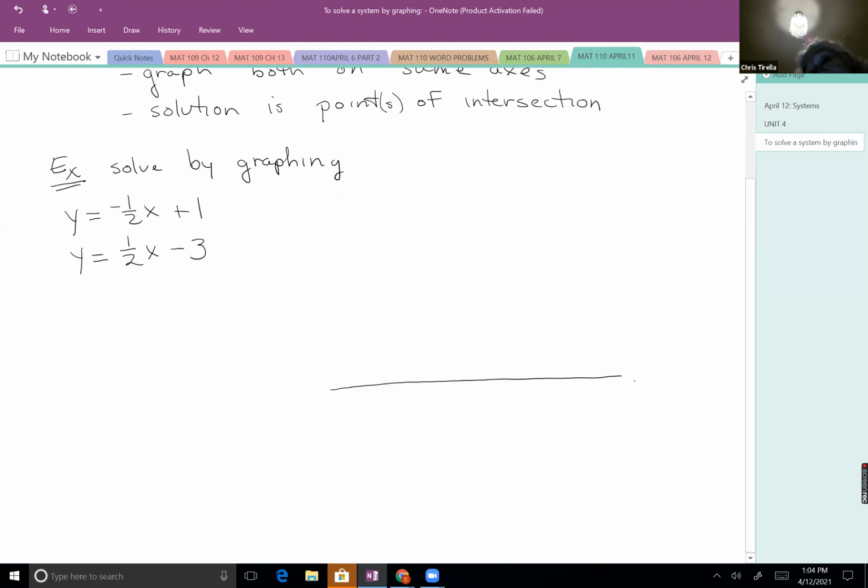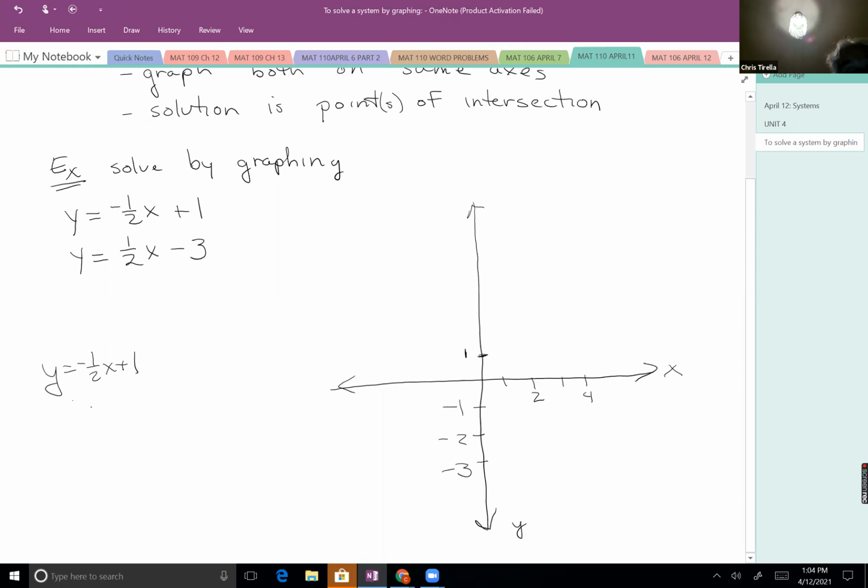Well, in the interest of time, for these examples, I put them both in slope-intercept form already. So for the first one, y equals -1/2 x plus 1.